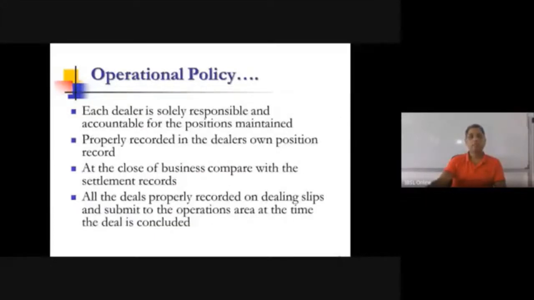Again, each dealer is solely responsible to account for the positions maintained. They have to record their own blotters and make sure their blotters are up to date. They have to make sure that at the end of the day, all the transactions they have gone through have been properly put through to the settlement departments. And basically, at the end of the day, make sure that they are within their limits when they close up for the day.